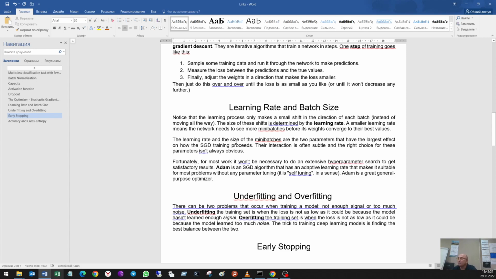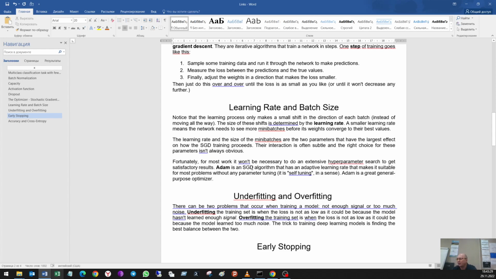The learning rate and the size of the mini batches are the two parameters that have the largest effect on how the SGD training proceeds. The interaction is often subtle and the right choice for these parameters isn't always obvious. Fortunately for most work, it won't be necessary to do an extensive hyperparameter search to get satisfactory results.